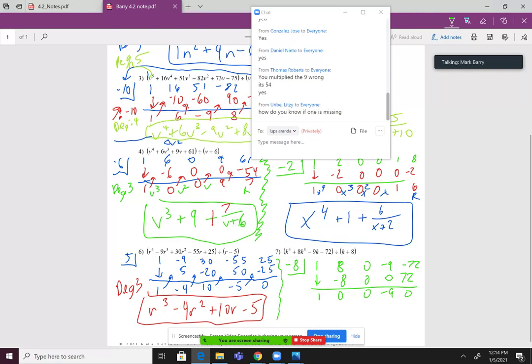How do you know if one is missing? You kind of just have to look at the big polynomial first and just look at the powers. So you can see here on number 7, we got 4th power, 3rd power, and then we're missing the 2nd power. And then it goes down to, because this is 1st power, correct? So I always just, whenever I'm doing these, I look up here. You can see on number 6, we have 4th power, 3rd power, 2nd power, 1st power, and then no power.